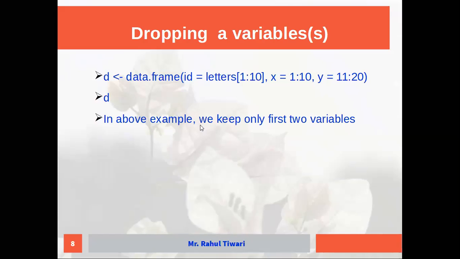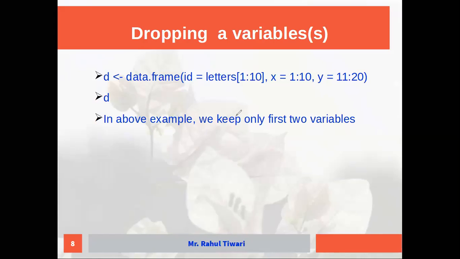So in the above example, we keep only the first two variables. Now, which are the first two variables? ID and X. Okay. So we have three variables: ID, X, Y. To understand this terminology, dropping means what and keeping means what.